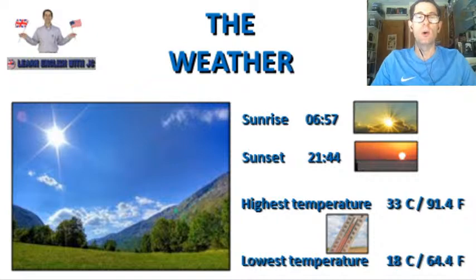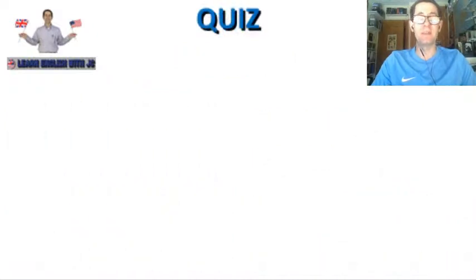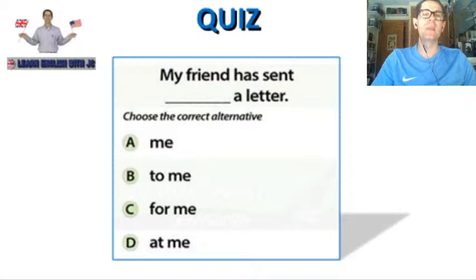Okay, very good. Okay, now let's begin with a quiz. I know how much you like quizzes. Yes. Okay, here we go. My friend has sent a letter. You can pronounce letter in three ways, and the three pronunciations are correct. Americans usually say letter.